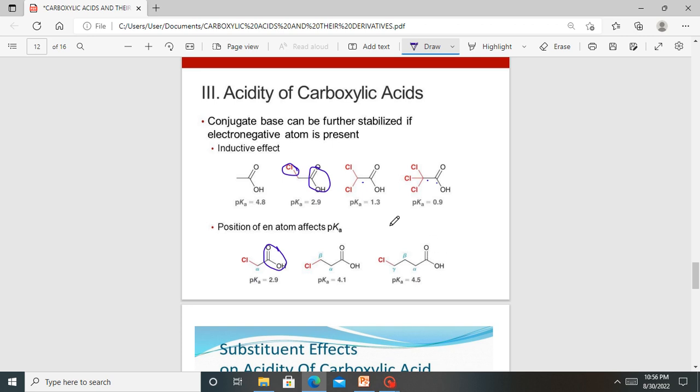This is the principle of induction. Other groups, like methyl groups, which are electron donating, tend to decrease acidity because they give electrons to the carboxylate system to strengthen the bond between the hydrogen and the hydroxy group here. Therefore, a base can hardly take out the hydrogen. That defines a less acidic compound.